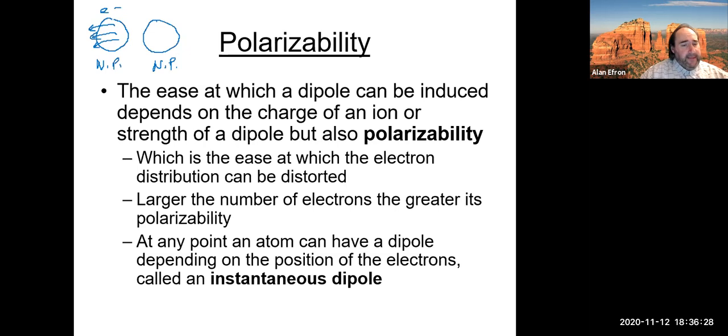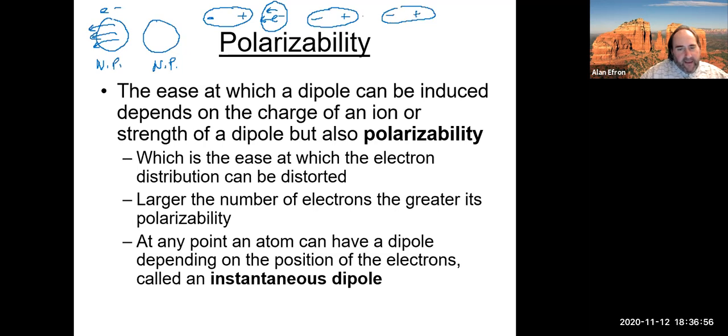So what ends up happening in that case is that first molecule, which normally does not have a charge, will now gain a temporary charge on each side. And if it's still sitting next to the second nonpolar molecule, the electrons in this guy can go, oh, cool, there's a positive guy, I'm going to go this way. And now our second nonpolar guy, which normally doesn't have a charge, will gain a temporary charge.